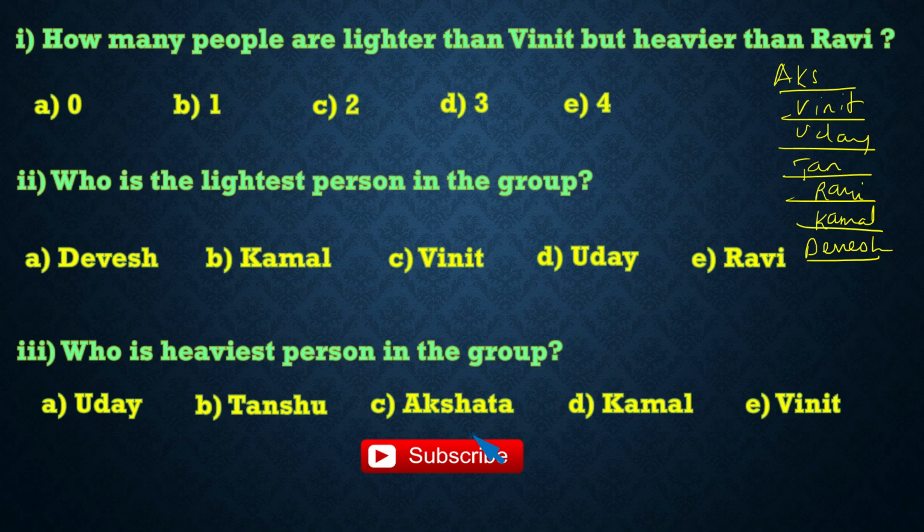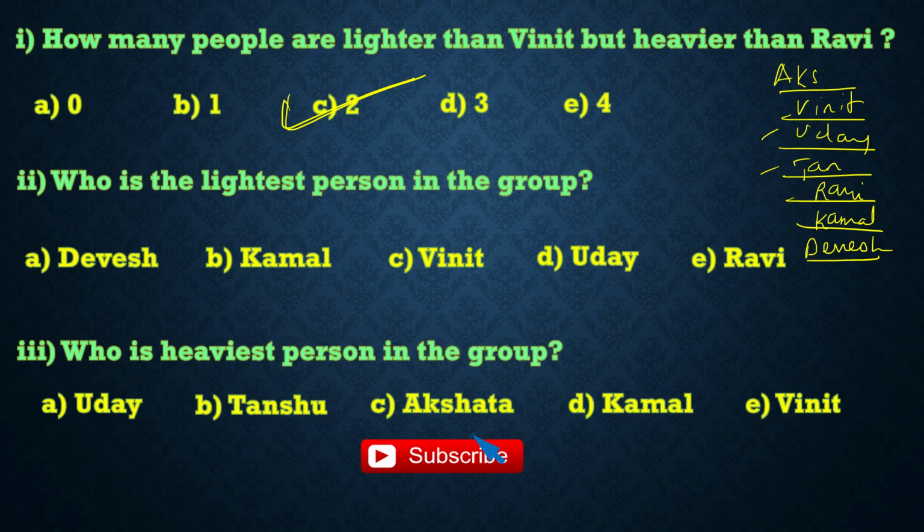First question, how many people are lighter than Vinith but heavier than Ravi? 1, 2. Okay, so 2 is the correct answer. C is the correct option. Second question, who is the lightest person in the group?